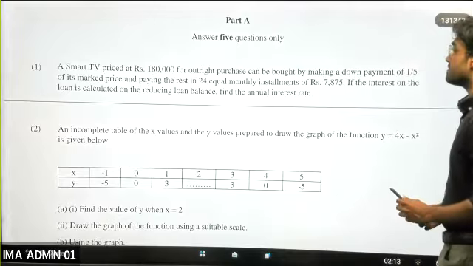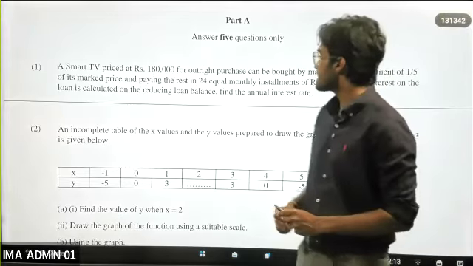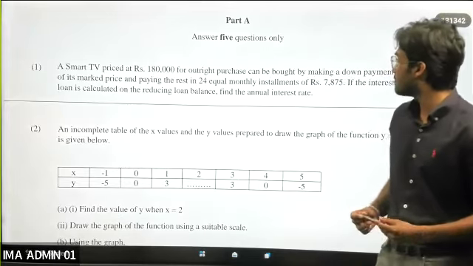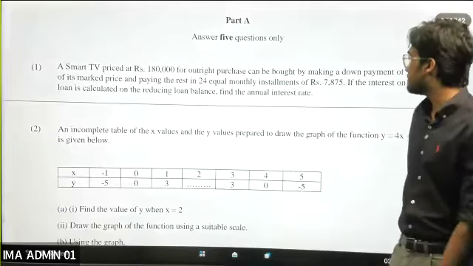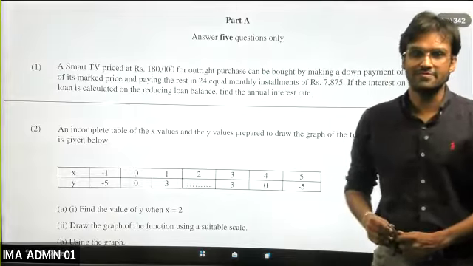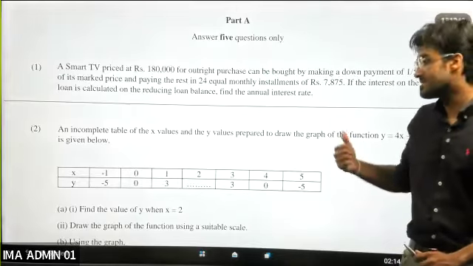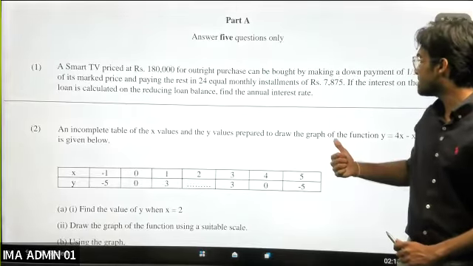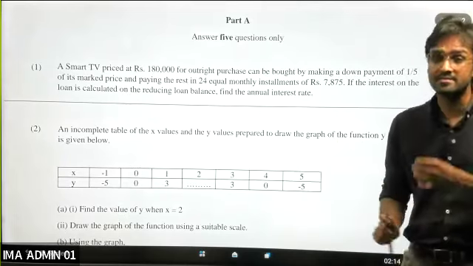If the interest on the loan is calculated on the reducing loan balance, find the annual interest rate. The key thing is, yes, this is a question based on the reducing loan balance.